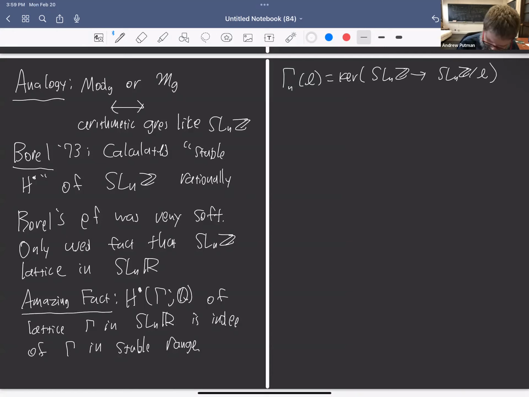Right. So this right here is a finite index subgroup of SL_n(Z), hence a lattice.